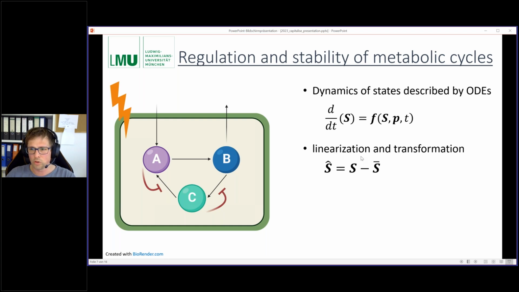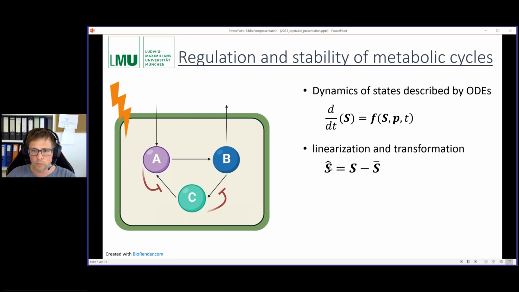And then what you typically do, in order to simplify this complex mathematical problem which emerges from a large network, is you linearize and transform your formula a little bit in order to make it applicable and also to make interpretation a bit easier. So instead of focusing on the sole changes of metabolite concentrations, we are considering fluctuation terms.